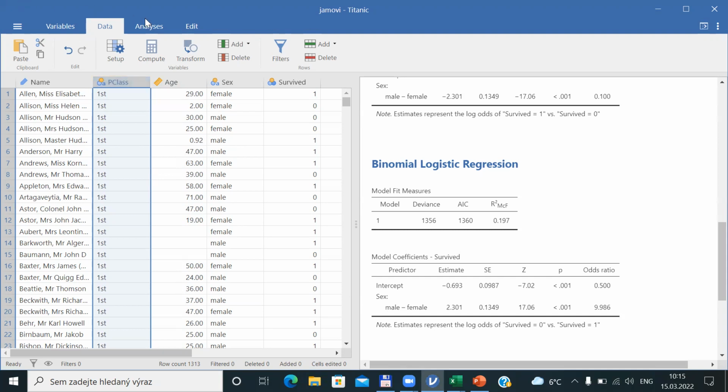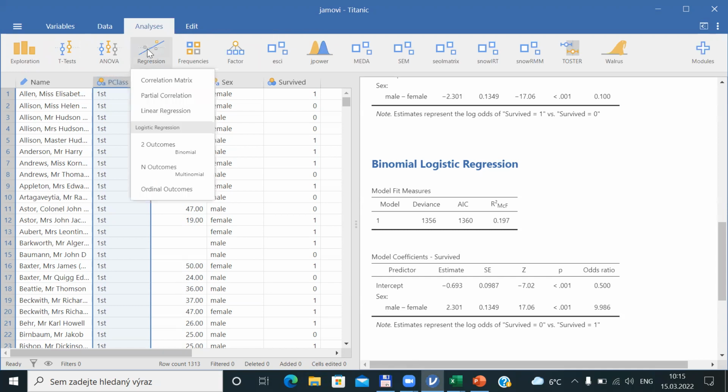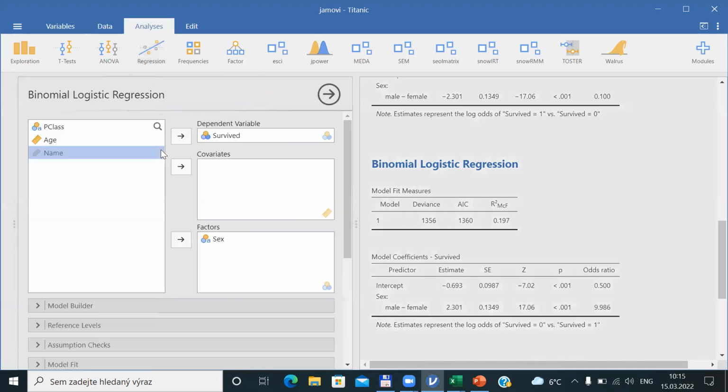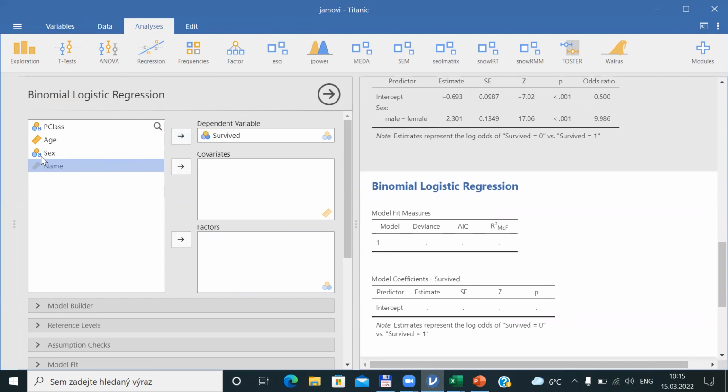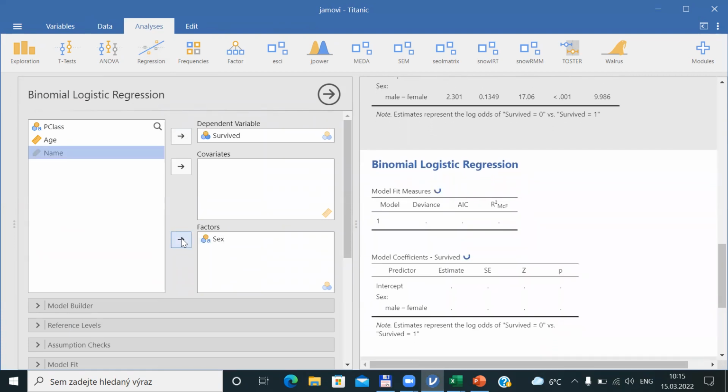So I would go once again into Analysis, Regression, and Binomial or Binary Logistic Regression. And once again, I would take survived as the dependent variable. I would take sex as an independent variable, and as the first step I would take age, as we need to say which of the two competing hypotheses is correct here in the classroom.